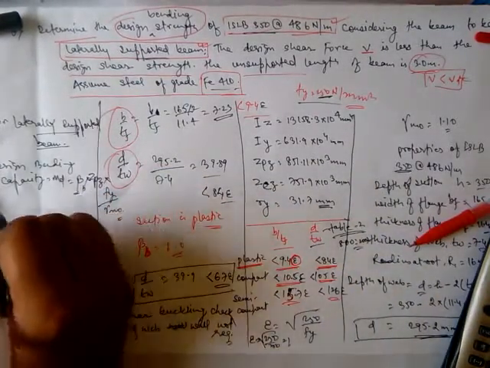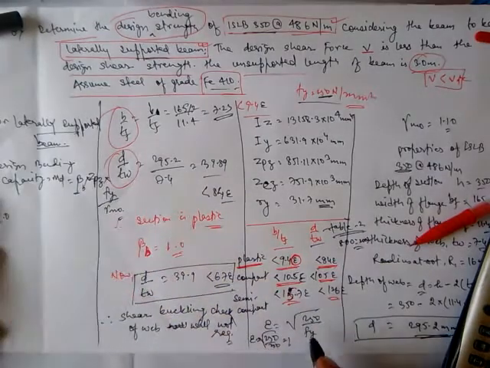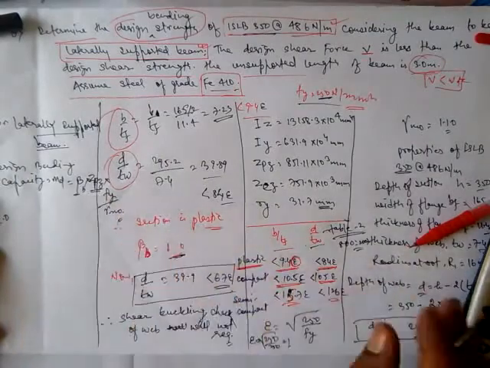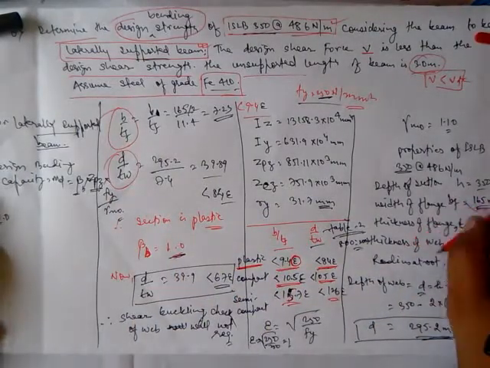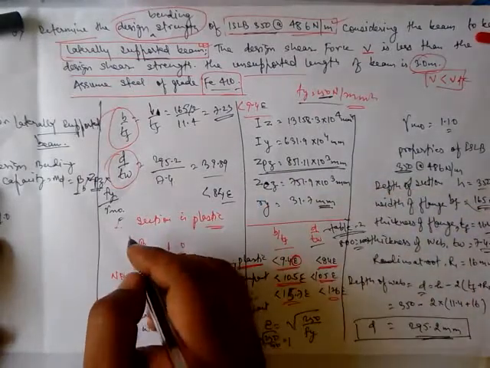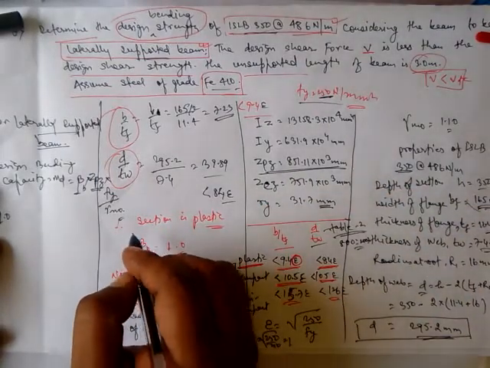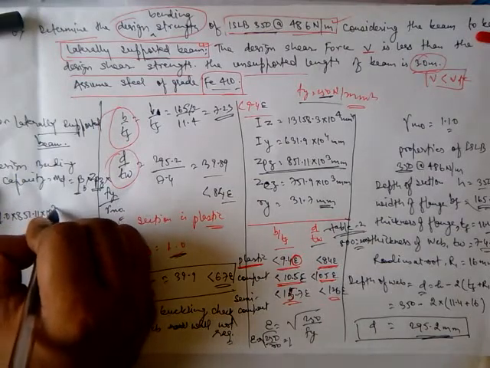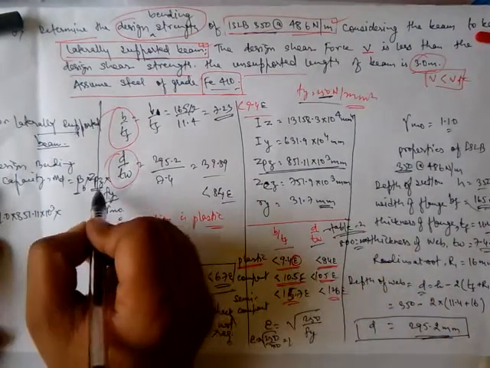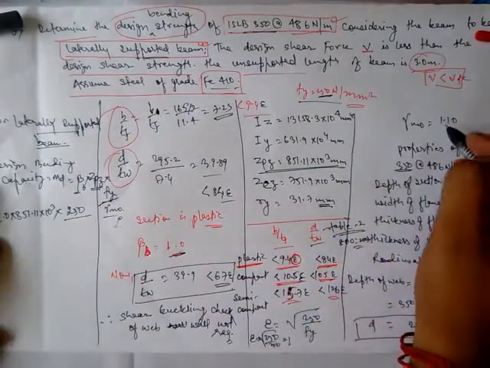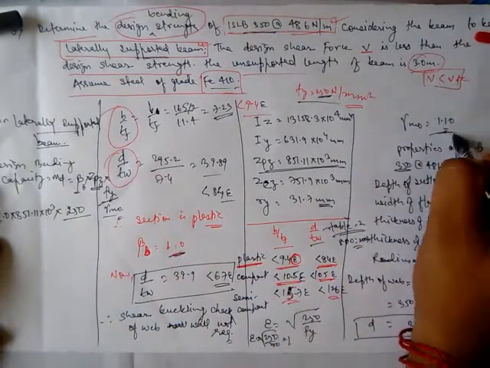So beta b is 1.0, Zpz is 851.11 into 10 to the power 3, and fy is 250, gamma m0 is 1.1.